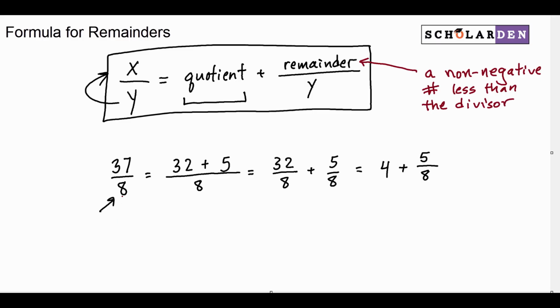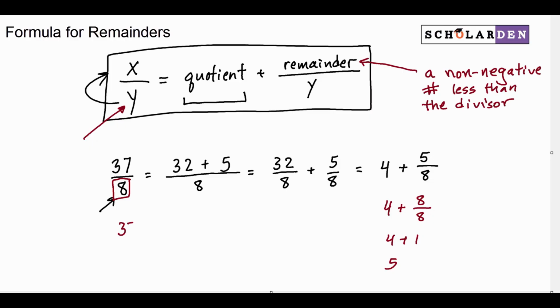The divisor is what you're dividing by, so in this case 8. It's the number on the bottom. So notice, if it were as big as 8, let's just say you had mistakenly gotten 4 plus 8 over 8. Well, that's 4 plus 1, which is 5. So there no longer is a remainder, or the remainder is 0, we could say.